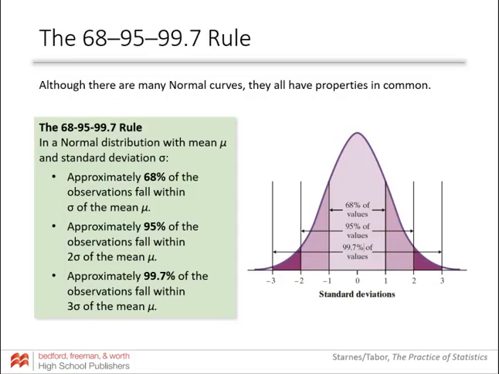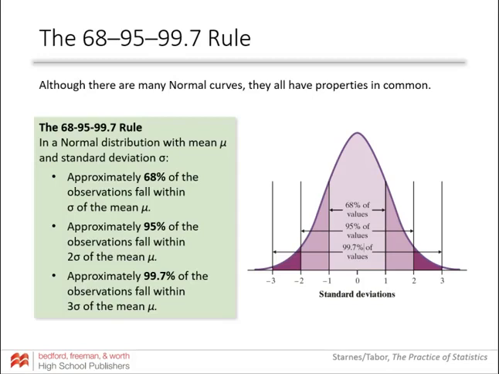Okay, so something that is important to know about the normal curve, it follows this neat little pattern where 68% of observations or data values fall within one standard deviation of the mean. Okay, 95% fall within 2 standard deviations and 99.7% fall within 3 standard deviations.